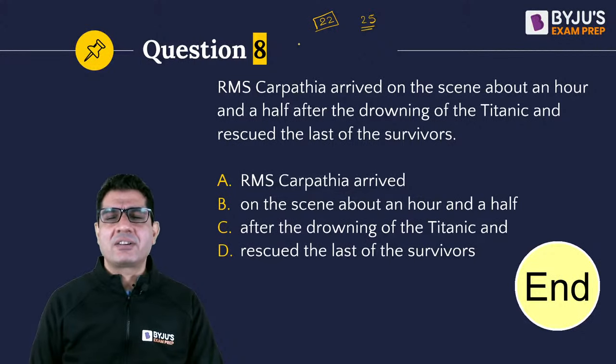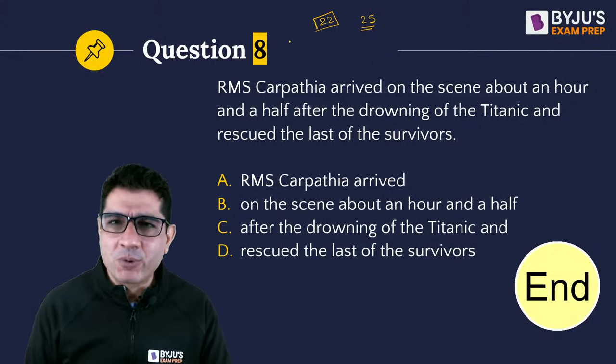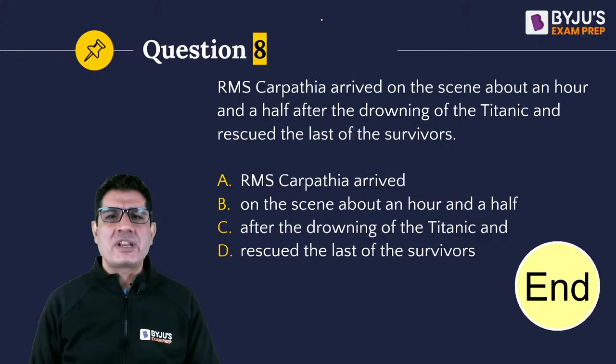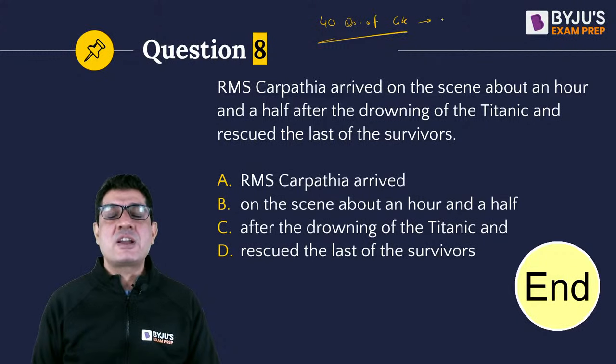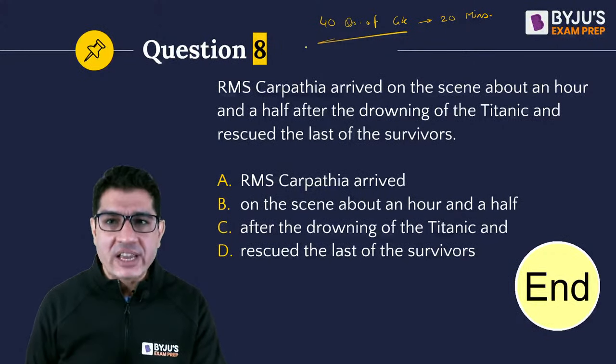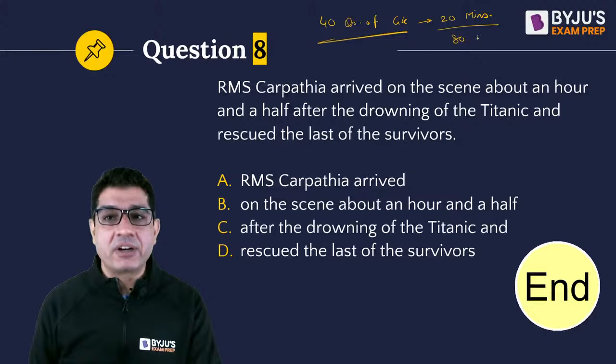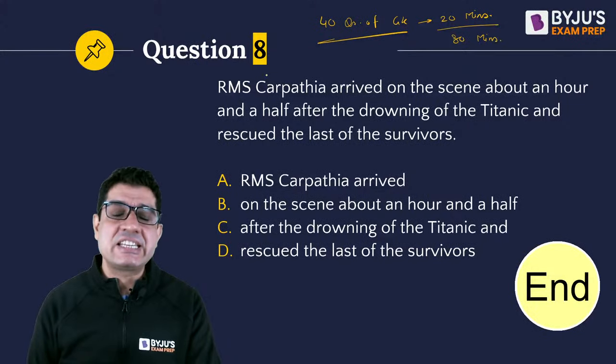Anything more than that will probably put you in a bit of a fix, but then you generally won't have to worry. Frankly, the 40 questions of GK are not going to take more than 20 minutes, right? And then within the English section, you are now left with 80 minutes and you have 60 questions.